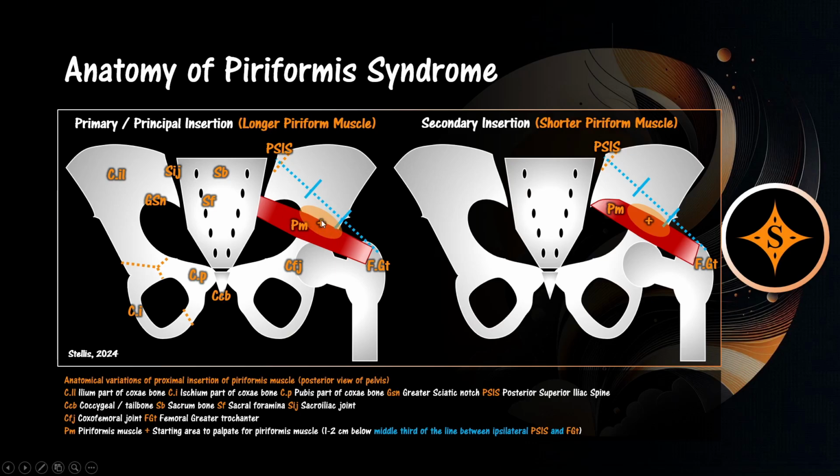That is the starting area for you to palpate, deep palpate for piriformis muscle pathology that may include induration, so some sort of firm swelling, and it is usually found in piriformis syndrome and is usually tender or painful to the touch.